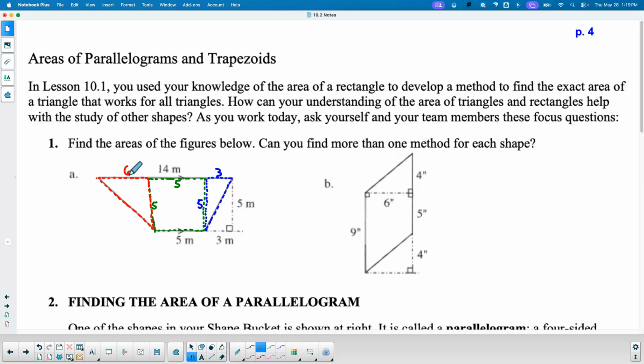Okay? So how would we find the area of that trapezoid then? And then add them together, right? Okay, let's start with the red one. So what's the area of the red? 15. Okay, what's the area of the green? 25.